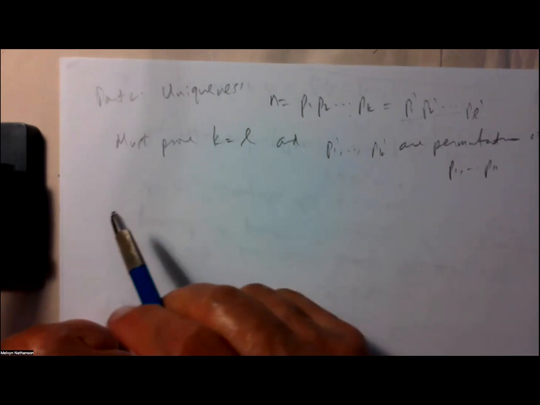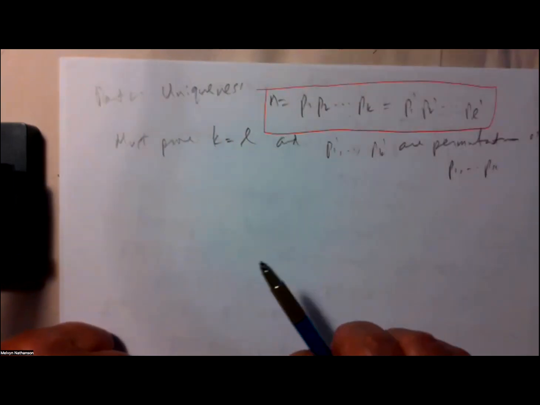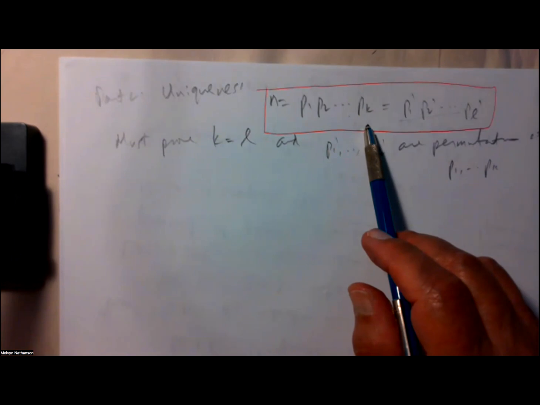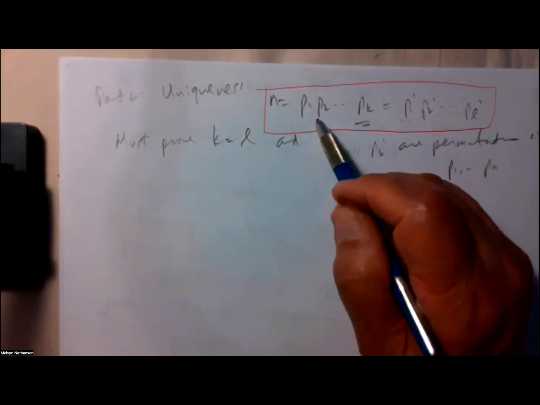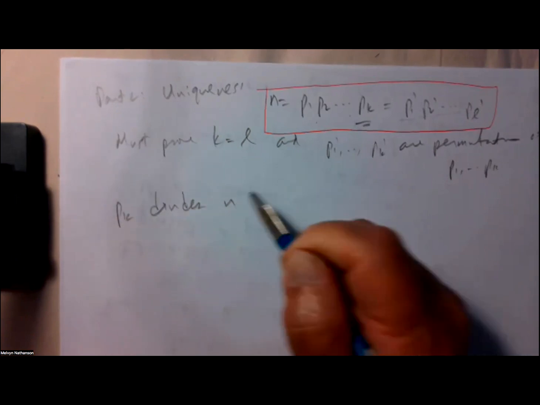Okay, so we have this statement. Here we have these two factorizations of n. So let's look at this. The prime p sub k divides n, right?